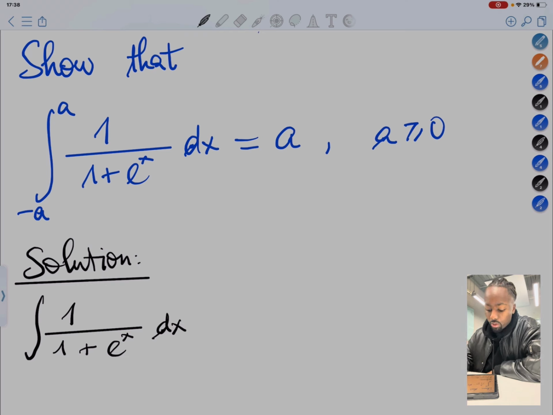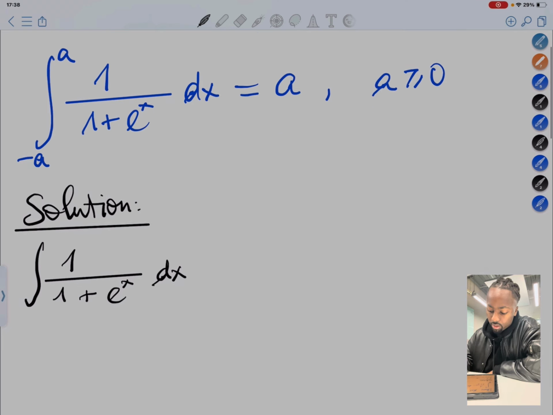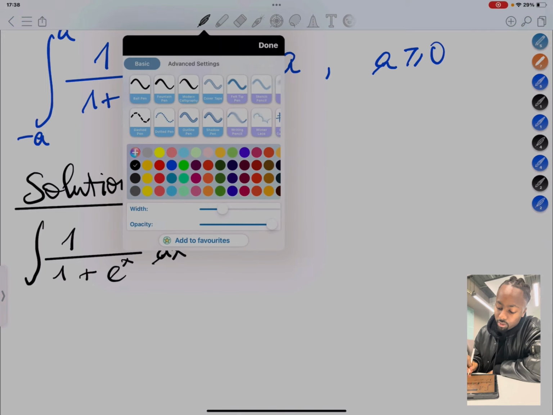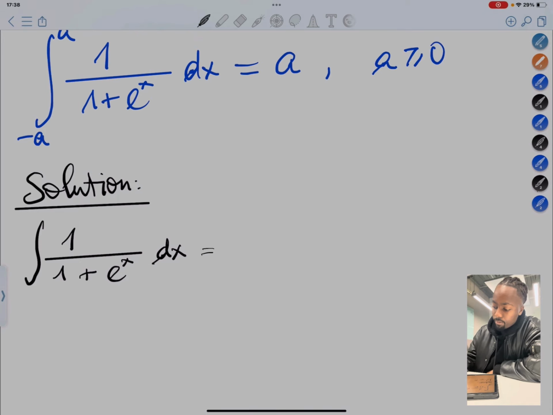So to show this, we're gonna start from the left hand side, and our goal is to find a. We have this integral. How would we solve this? Let's use the substitution method.